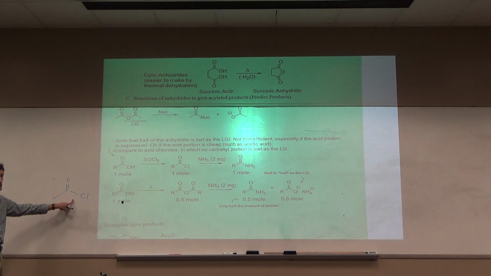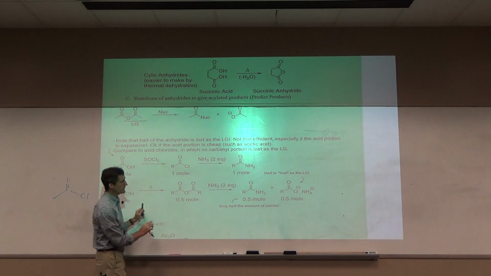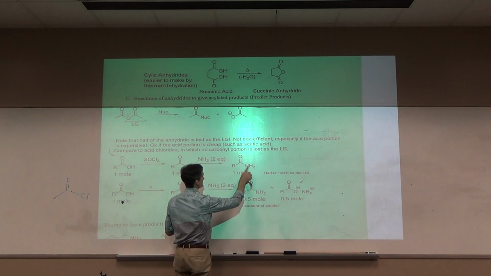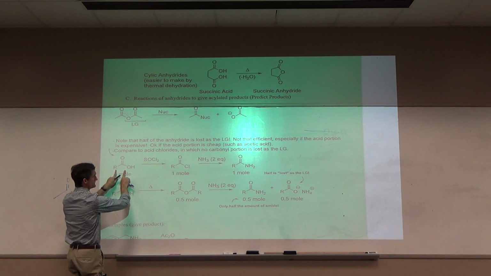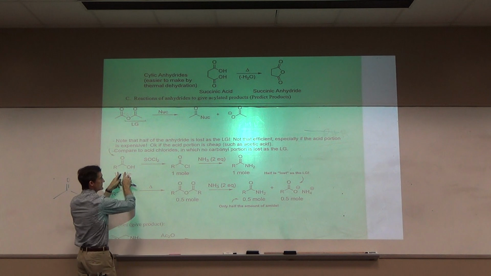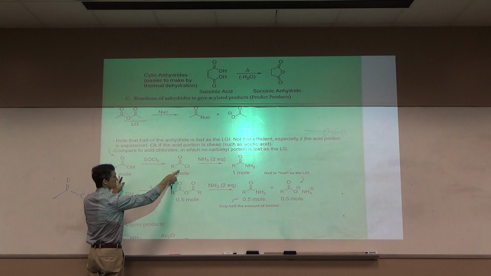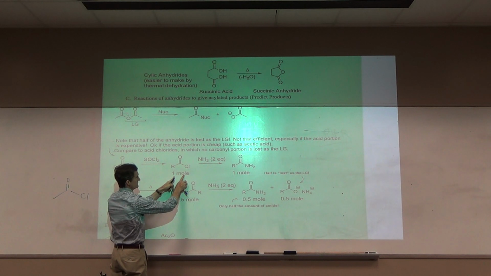Now, your acid chlorides, though, are actually much better for delivering an acyl group. For example, if we wanted to make this amide from the acid, we first typically have to convert this to the acid chloride, right? So 1 mole is converted to 1 mole, theoretically.